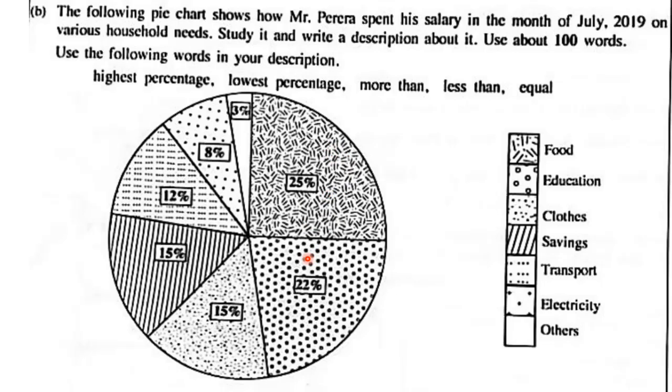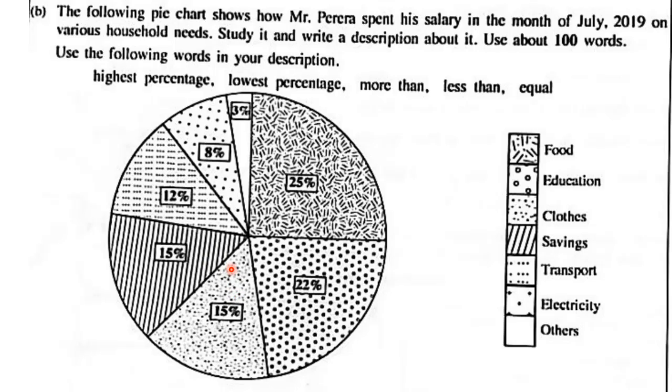And you can say he also spent 22% of his salary on education. You can see there is 15% in both areas, right? So you can say an equal amount of his salary was spent on savings and clothes. So this is equal.